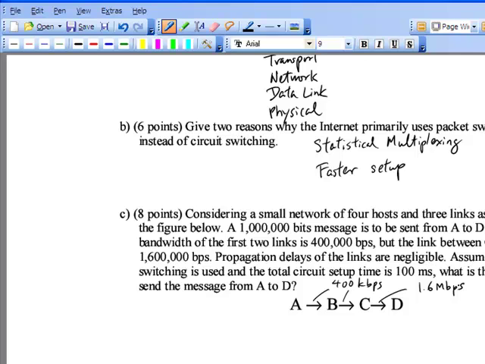You can think about this as an analogy of water flowing through pipes with different diameters, and it's always going to be bounded by the one with the smallest diameter. And it doesn't matter whether the slower link is in the upstream or in the downstream.